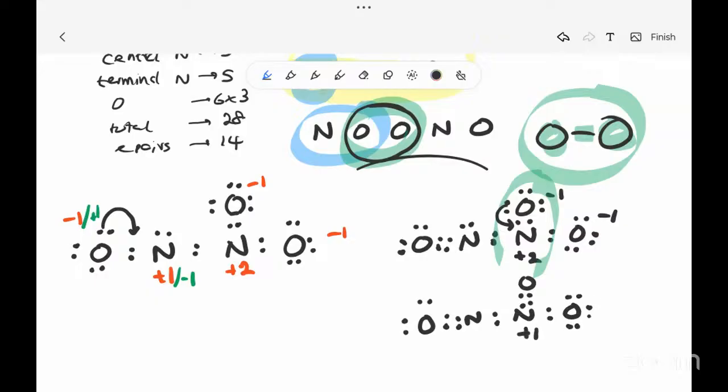This has induced a +1 charge. This one has induced a -1 charge. And there will be two lone pairs like this and one lone pair on top of this nitrogen atom as well.